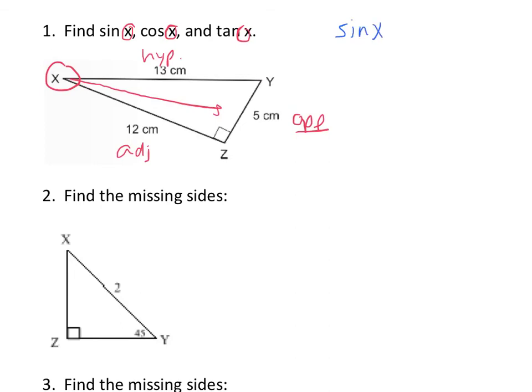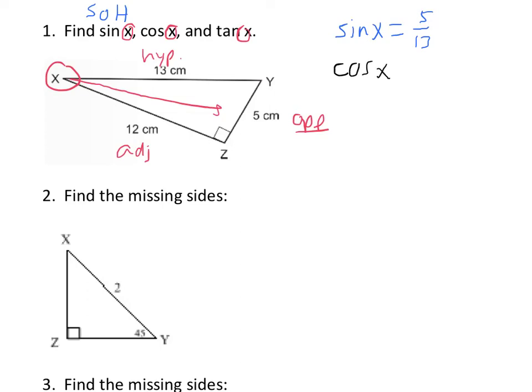So sine X is equal to opposite over hypotenuse. Again, that's SOH. So opposite would be 5, and hypotenuse would be 13.